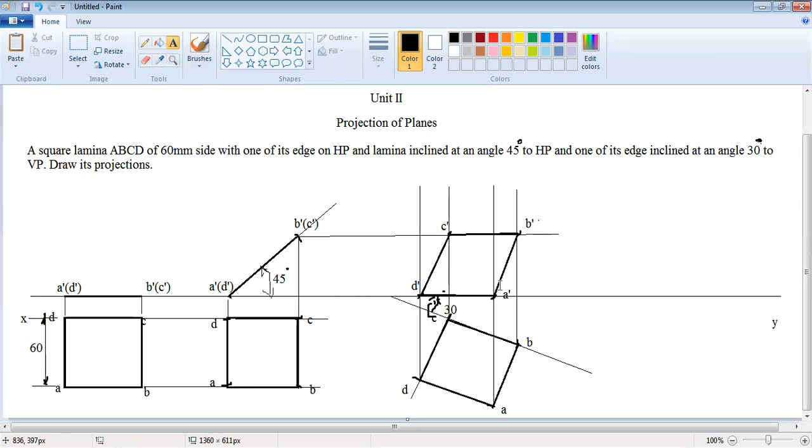So that's it. We have done the inclination of both the lamina and the edge inclination of a square lamina ABCD. Thank you.